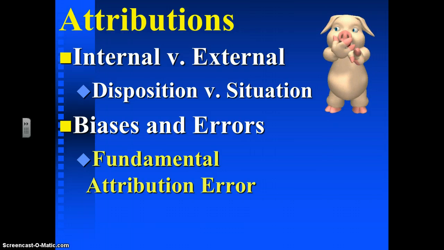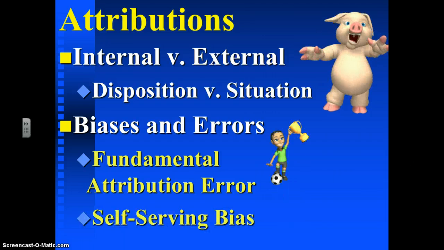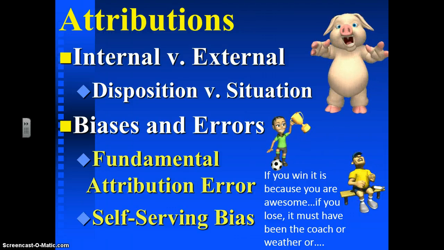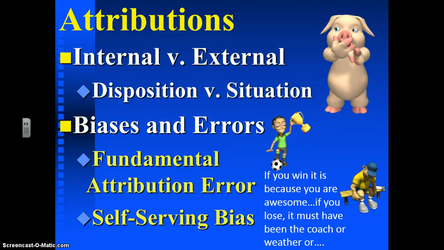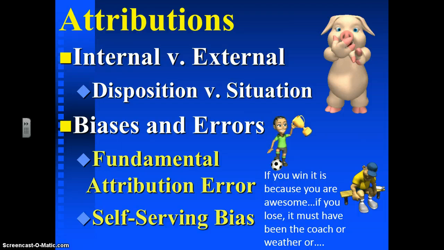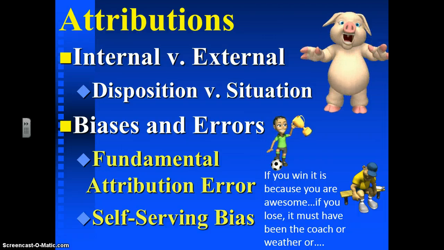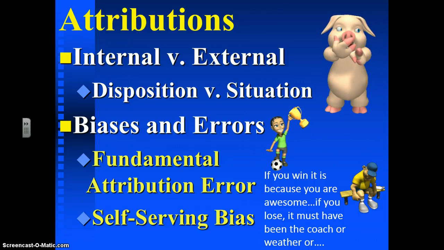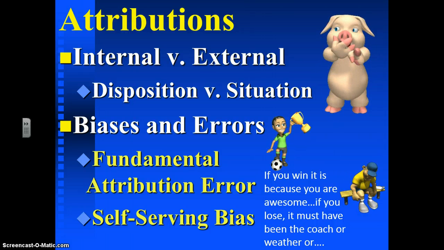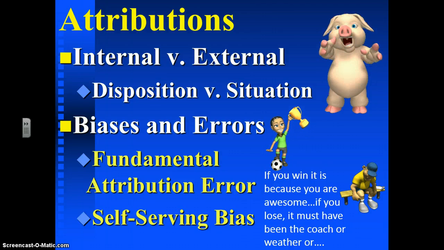Now, let's take another look at a different type of error that a lot of people make. And this is when they're explaining their own behavior. This is explaining your own behavior, and it's called the self-serving bias. Self-serving bias is people's tendency to attribute your successes to internal factors, while you attribute your failures to external or situational factors.